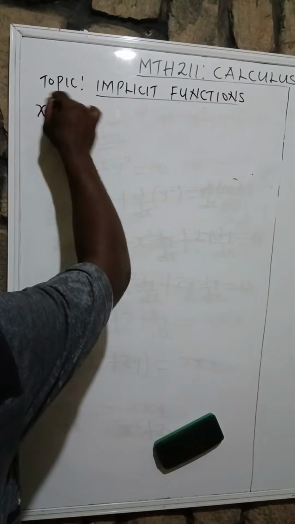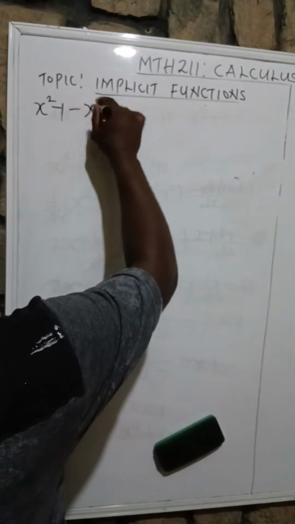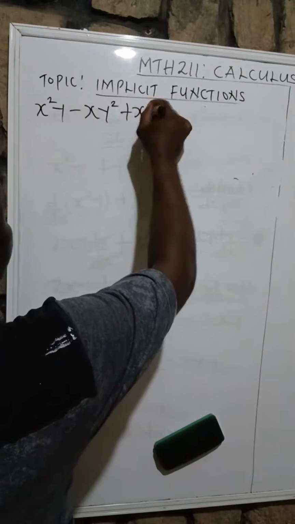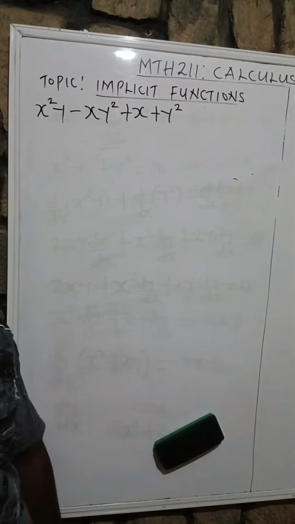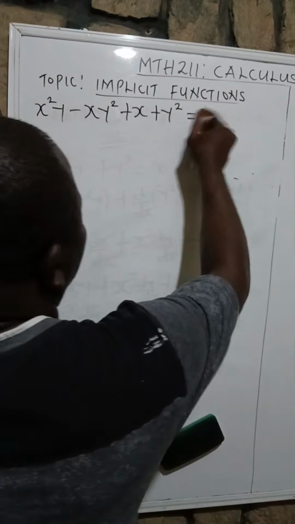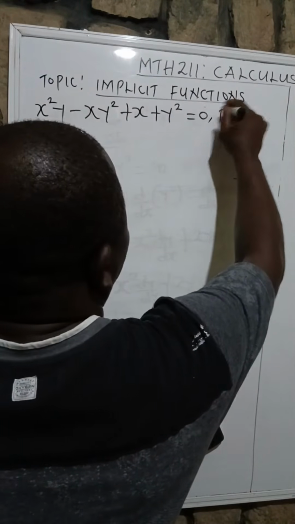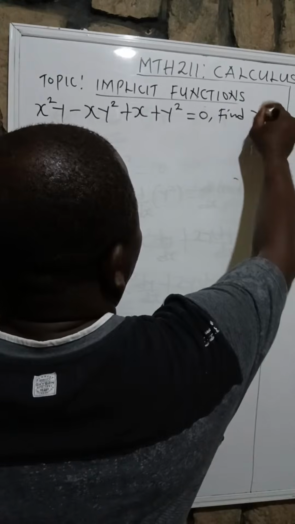Let's consider another example: x squared y minus xy squared plus x plus y squared equals 0. Find y prime.